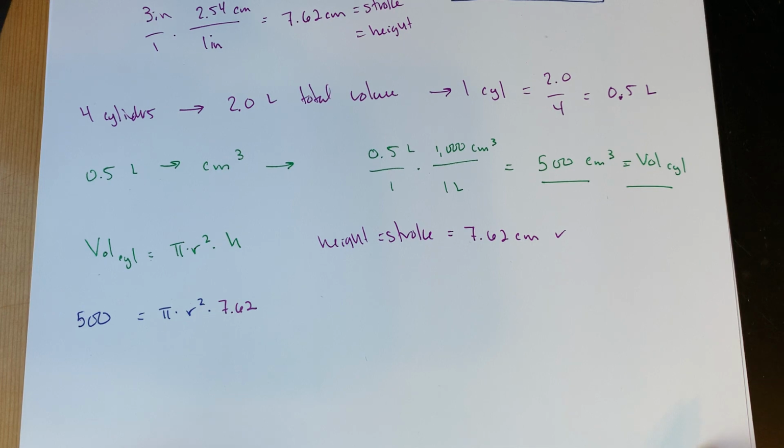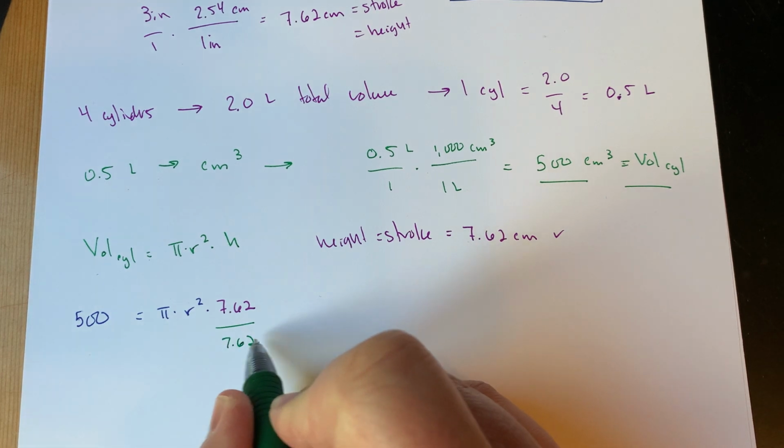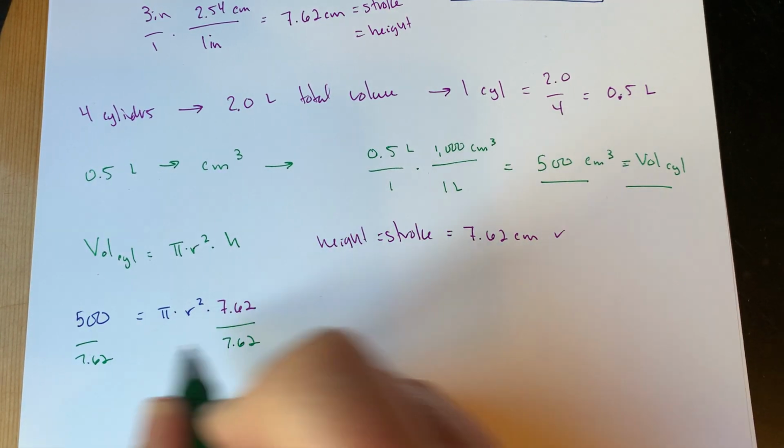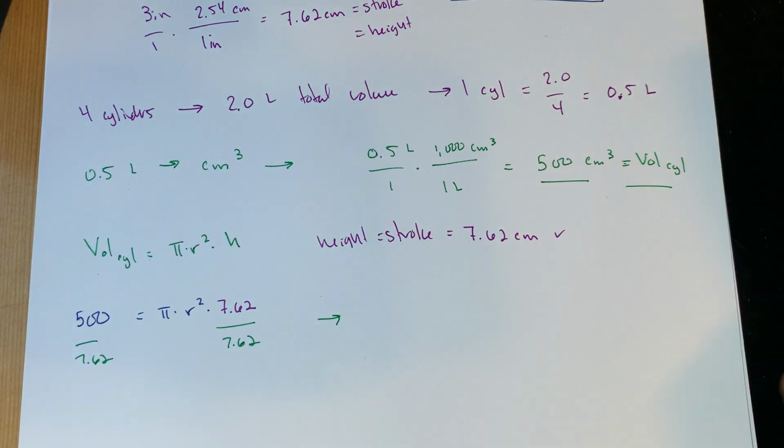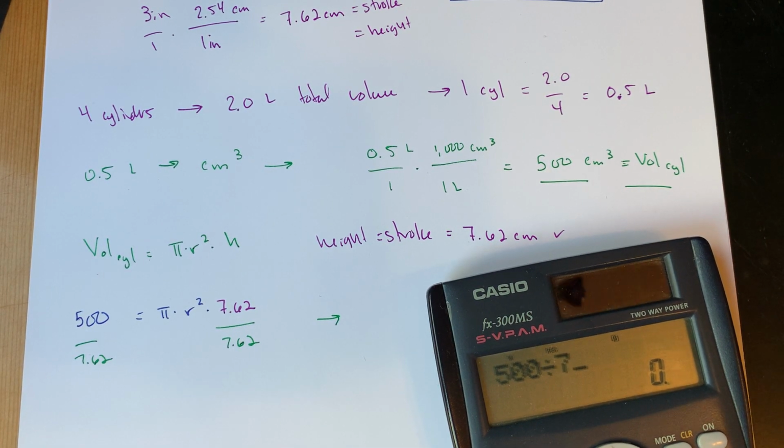To unpack this, to try to get to this radius, I'm going to do a division by the 7.62. 500 divided by 7.62, 65.6.